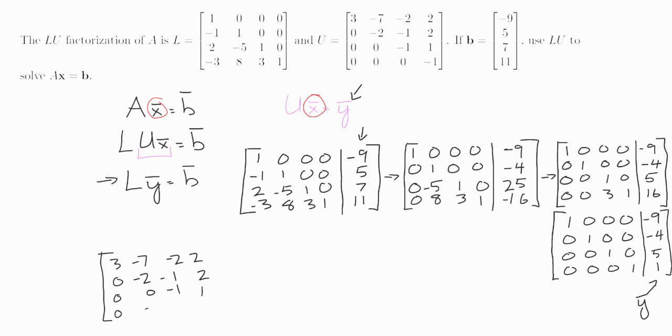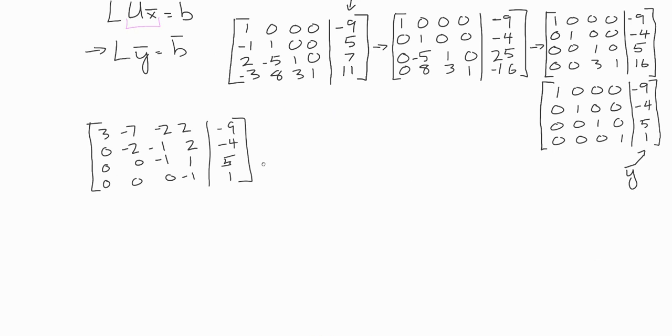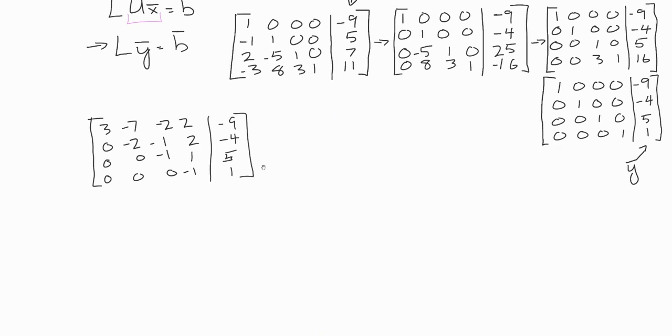All right, so setting that up, it will get augmented with -9, -4, 5, and 1. And from this will now be a more involved process, but it's still going to be much easier to do because now we are already in REF form. We're now going to need to go to RREF form.